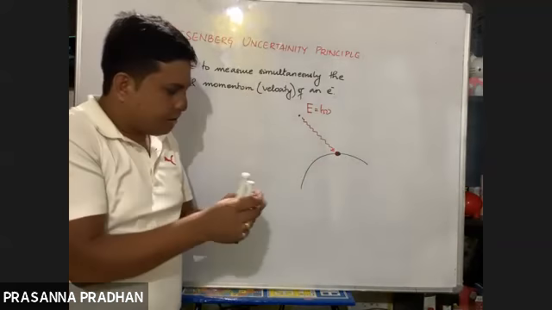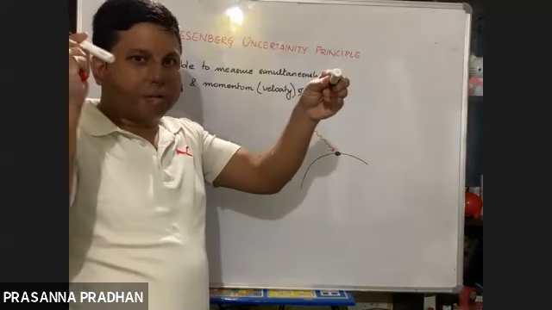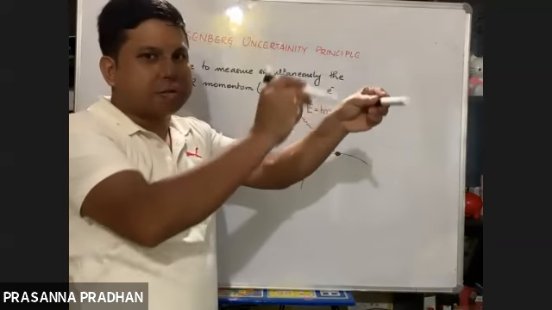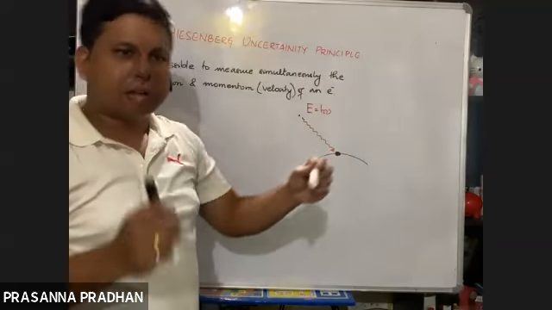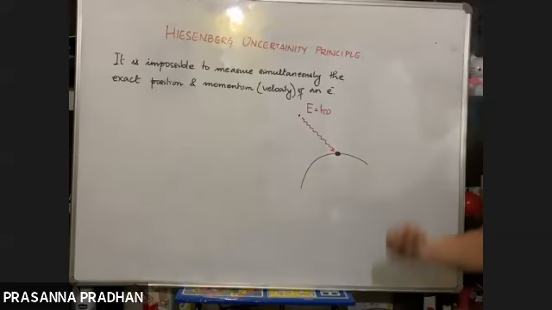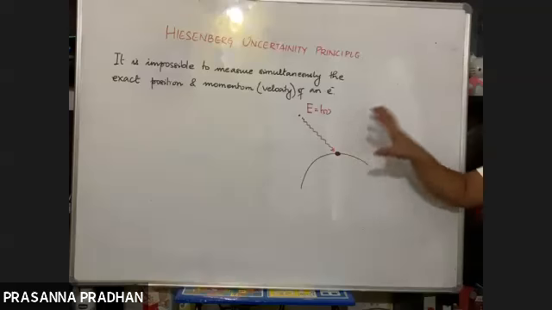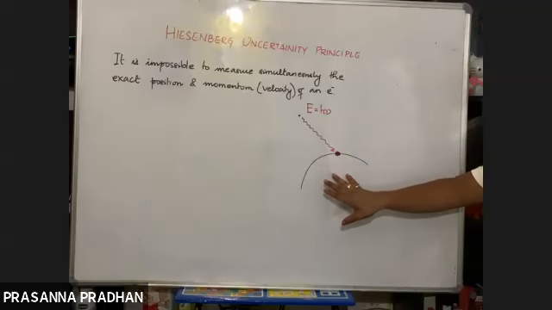Suppose a particle is moving, and suppose it is hit by some force. What will happen to the velocity of this particle? Yes, it will change. That means when we determine the position of an electron, what is happening to the velocity?